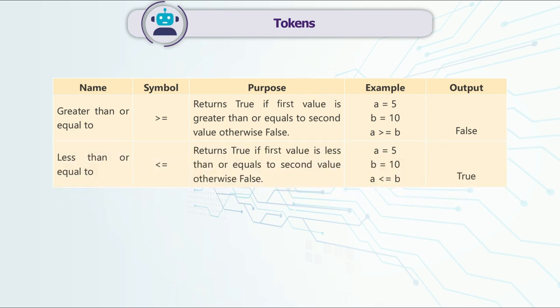Less than or equal to: returns True if first value is less than or equal to second value, otherwise False. a = 5, b = 10. a <= b gives True.